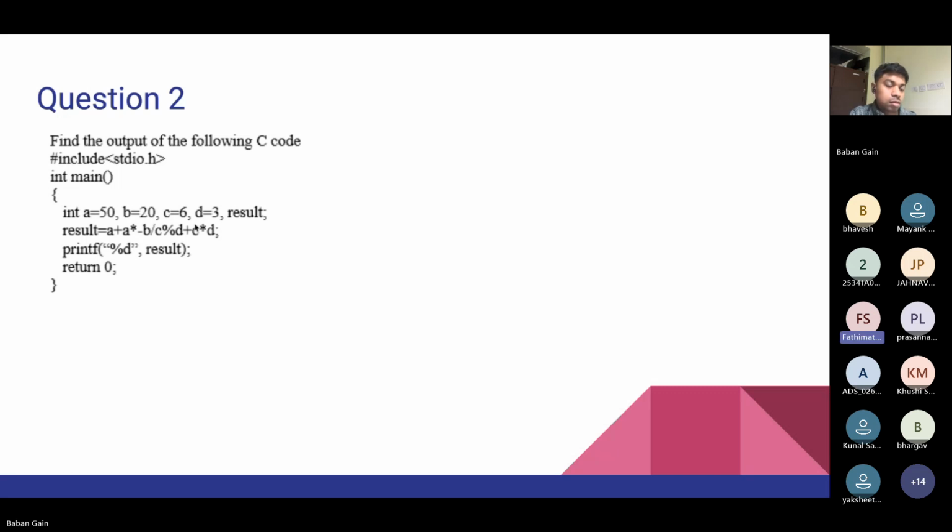No, first is A into minus B, as the precedence rule is from left to right. Then after that, C into D. Then the modulus operator. So what will be the answer after that?